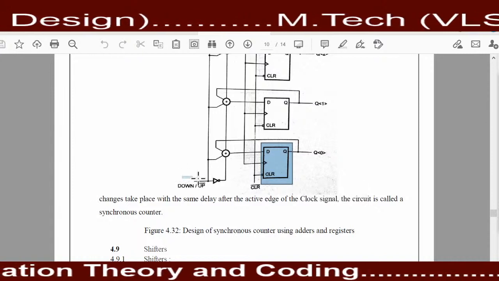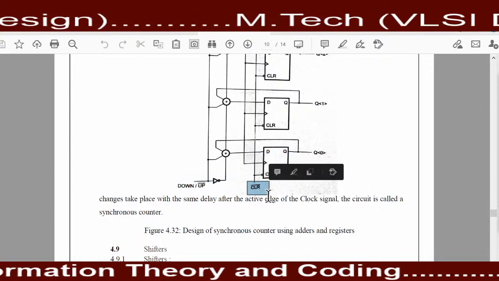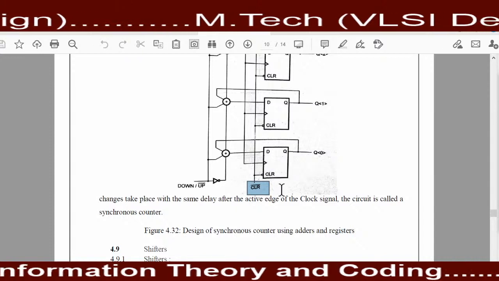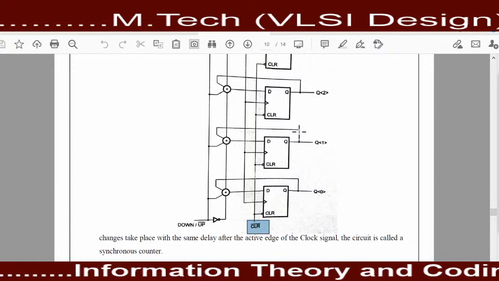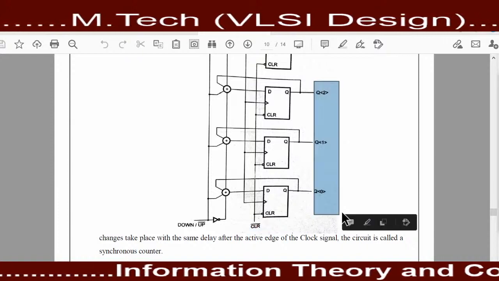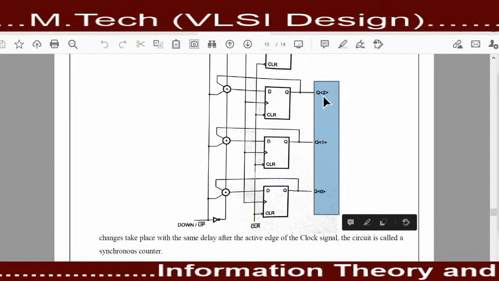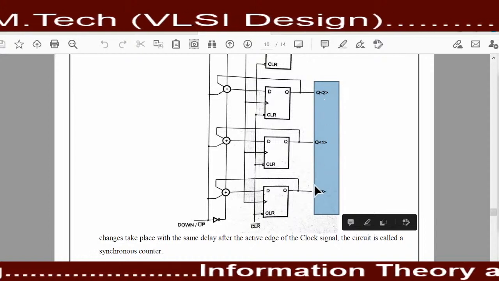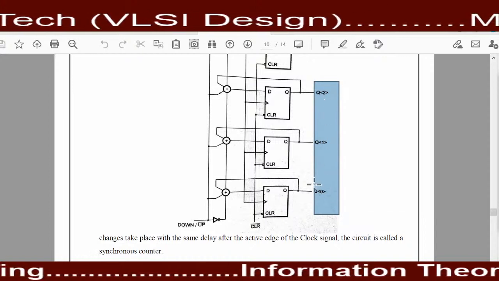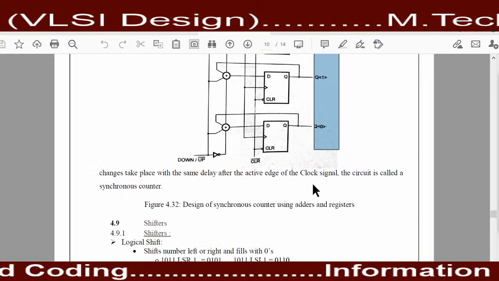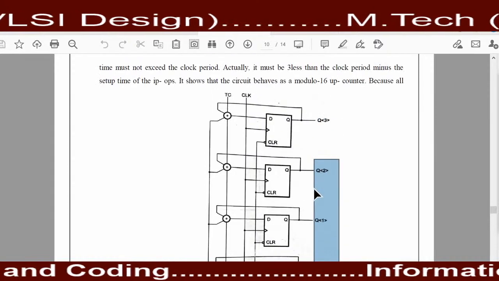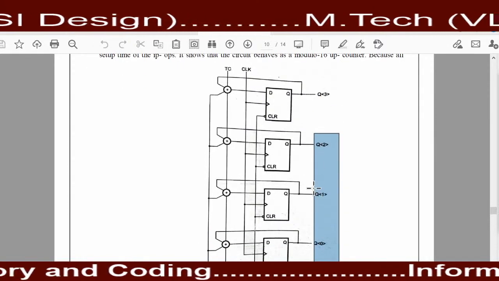After converting, by using the up-down signal and the clear and clock pulse, we can provide the input sequence, and it will give us the output, which acts as an up counter, a counter sequence. Okay, so this is all about the counter part of your VLSI system design.